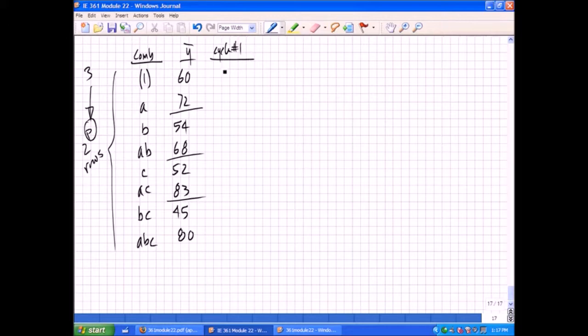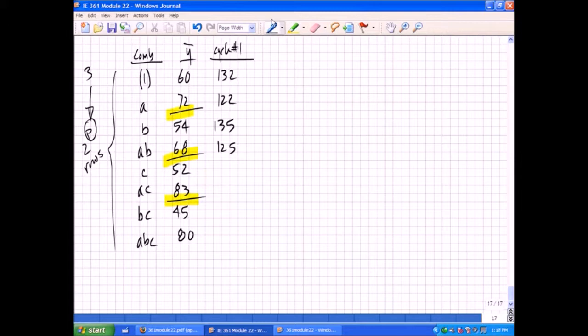So I'll have 60 and 72 add to 132, 54 and 68 add to 122, 52 and 83 add to 135, and 45 and 80 add to 125. Those are additions of these pairs, defined or broken up by these lines here.